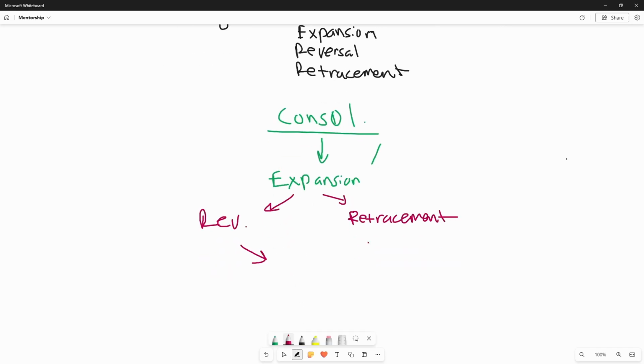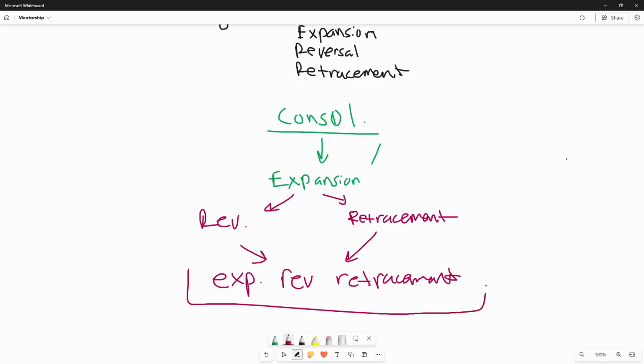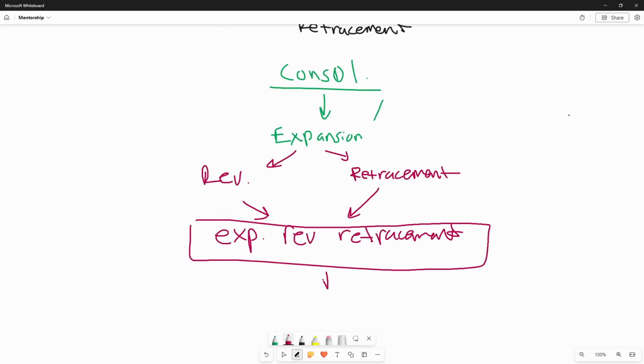So this goes back. You either have another expansion leg, a reversal leg, or a retracement leg. So these 3, you'll have any combination of this in here. Then from there, it goes back to consolidation.